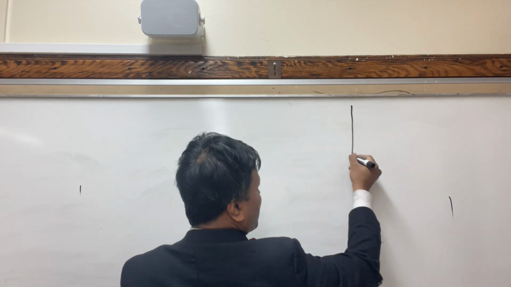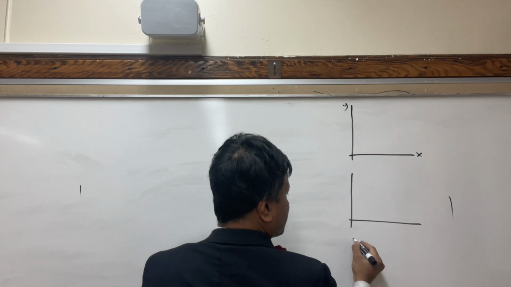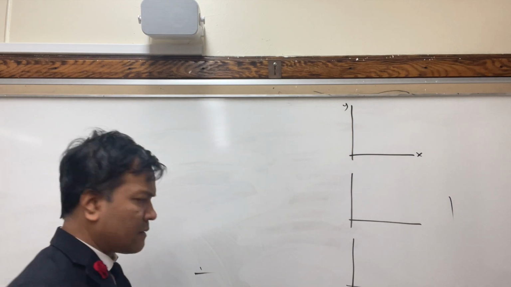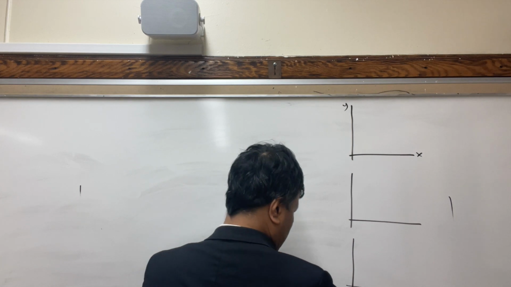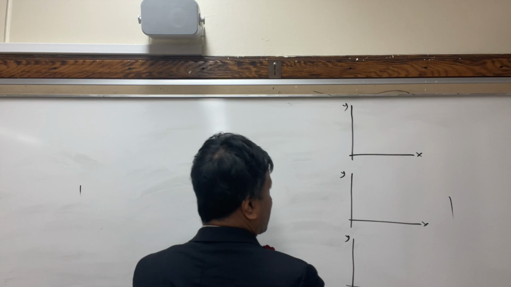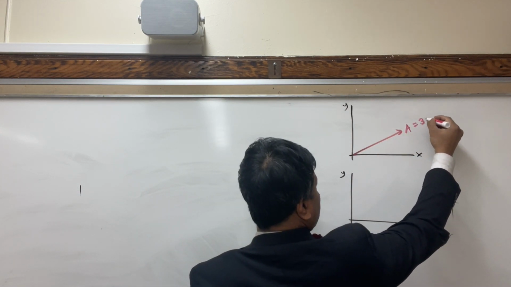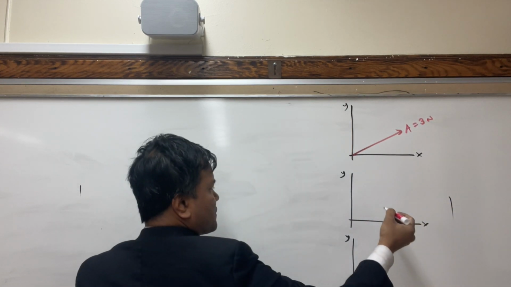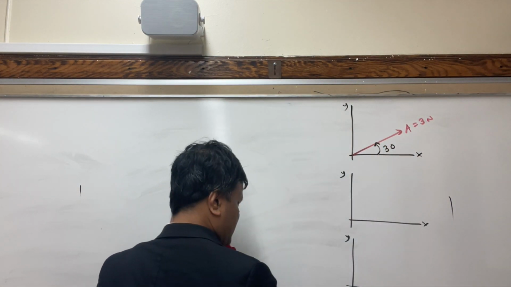Let's draw x and y axis. This is x, this is y. I'm going to draw it a few times. Okay, now let's put the vector, let's call it vector A. This is 3 Newton, let's call it Newton force, which is 30 degrees above the x-axis.